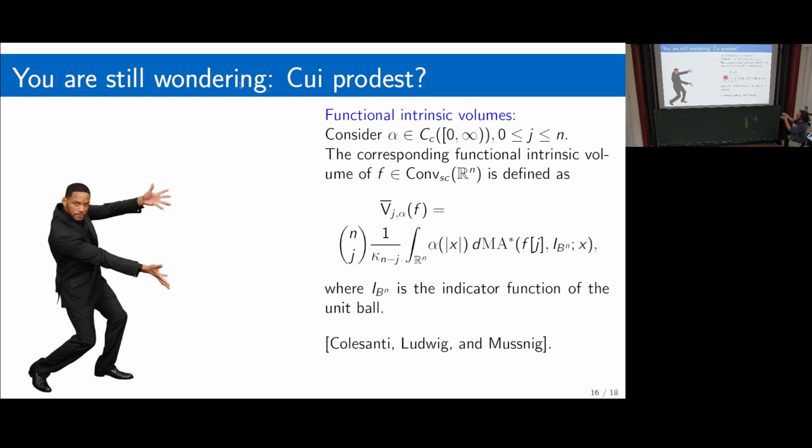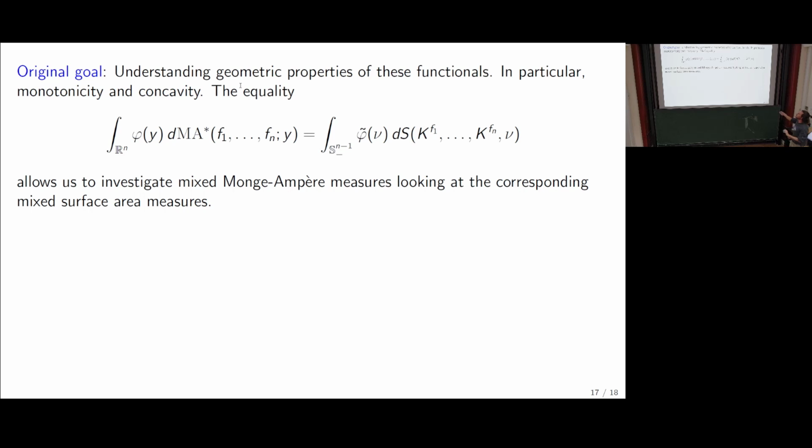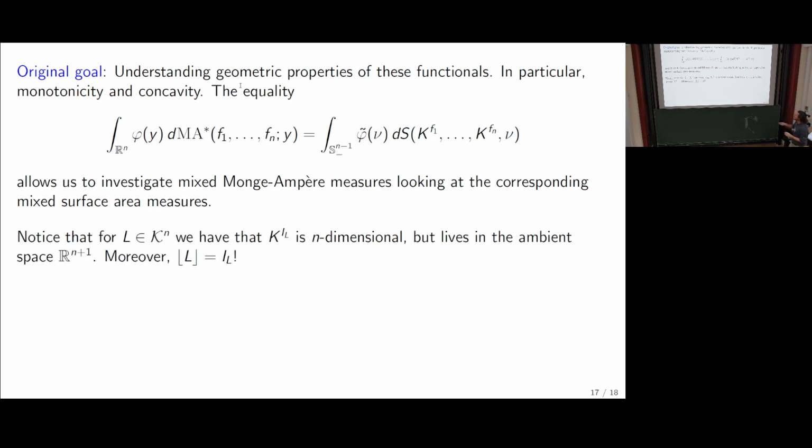But consider that the function lives as a convex set, lives in R^(n+1) through its epigraph, and instead the indicator function of a ball, the ball in this case lives in R^n. This will be useful in a second. I'm almost over, don't worry. So, using this formula now, we would like to express the previous functional as something for bodies, just to be able to play a bit around with it. And as I said, notice that if we start from a convex body in R^n, now R^n being the domain of our convex function, which again, though, is something in R^(n+1).